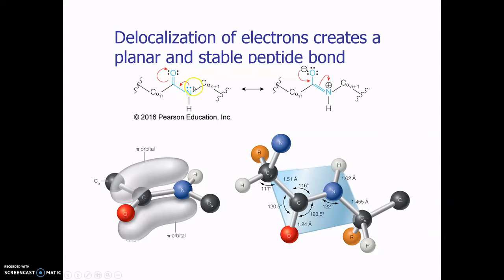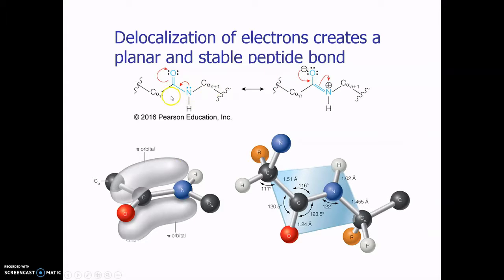So this lone electron pair comes down, forms a double bond with the carbon, and that boots out one of the electron pairs that is in a double bond, and it turns them into a lone pair, and that can revert back.